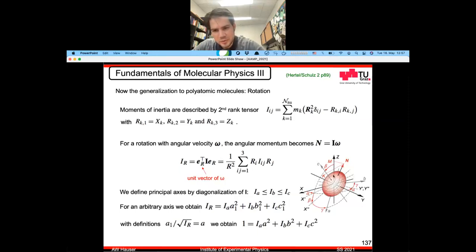If I'm just drawing some arbitrary vector from the center and make it go through the surface at some point of this kind of egg-shaped surface here, I can directly derive the actual moment of inertia that I have for a given positioning of my rotational axis.